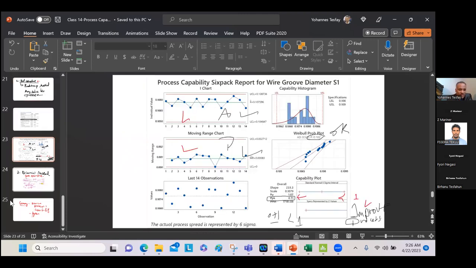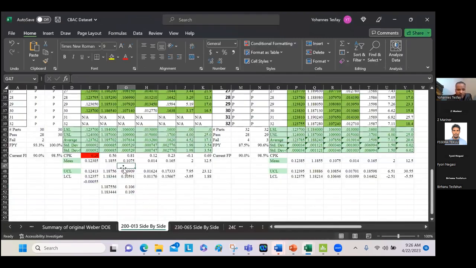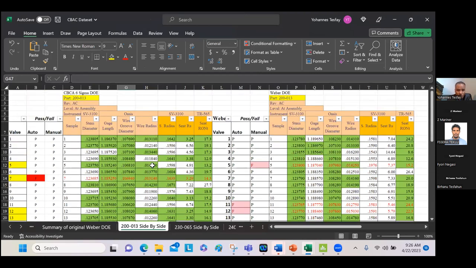እነዚህ ከዛ ሁለተኛው ባይኖሚያል ሜትድ ነው ማለት ነው። ሁለተኛው ባይኖሚያል ሜትድ እንዴት ነው የሚሰራው? ይሄ ዳታውን እንዳለ መውሰዱን ትተህ፣ ይሄ ፓስ አድርጓል፣ ፌል አድርጓል ይላል። You see, would this pass or fail?